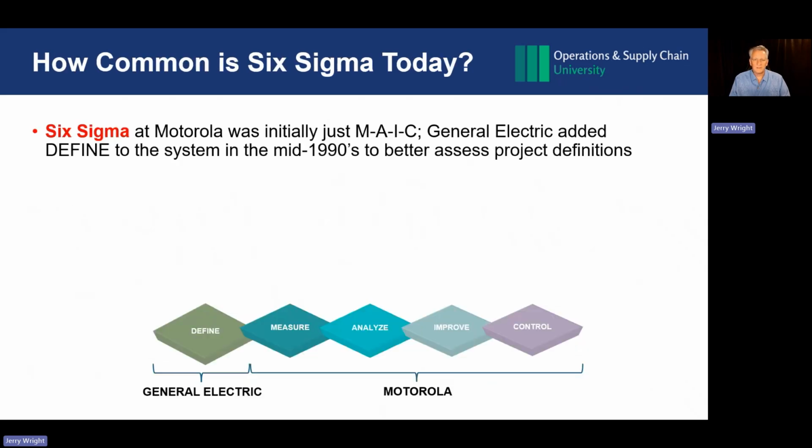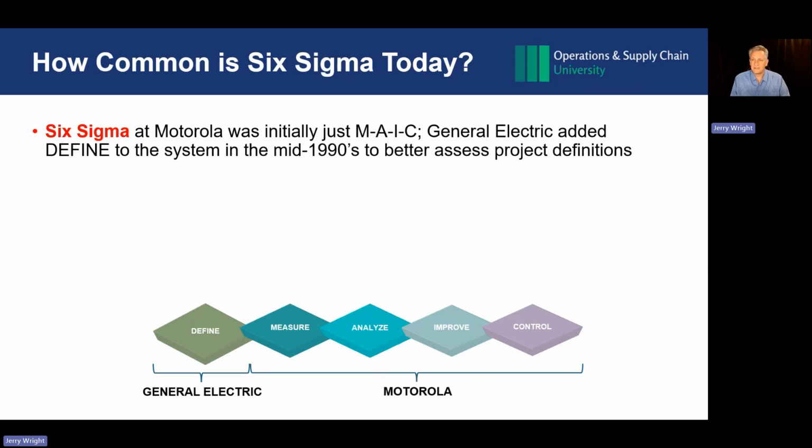Six Sigma at Motorola was initially just MAIC. They just looked at measure, analyze, improve, and control. Now, when GE got involved, they added define. Part of the reason they did that is they had so many projects to do. They wanted to better assess what projects should go forward and which ones should we wait on and do later.